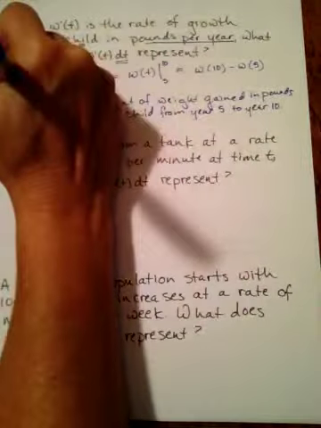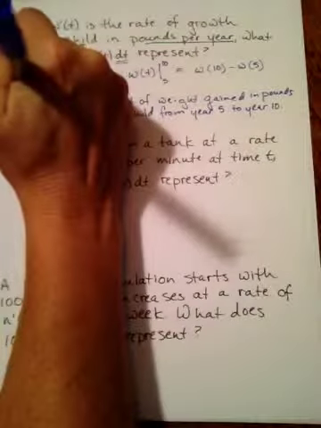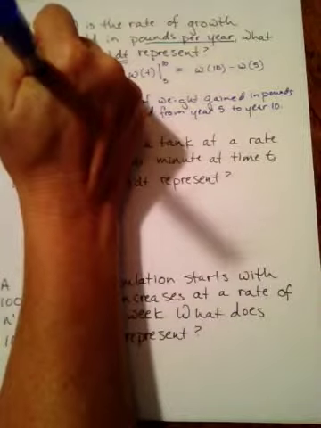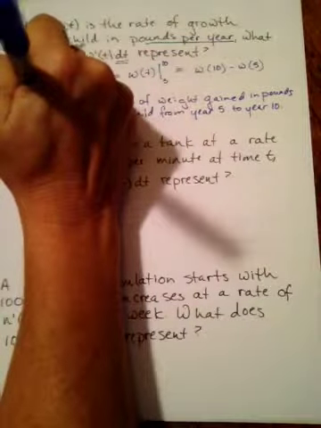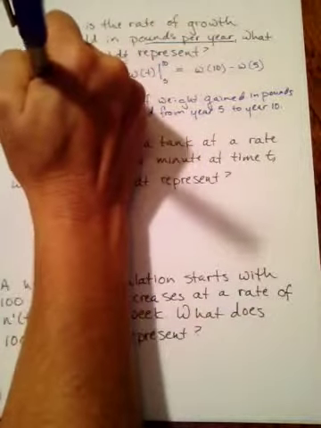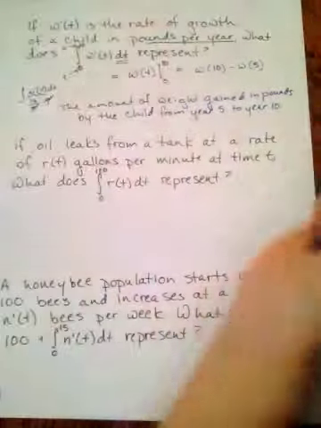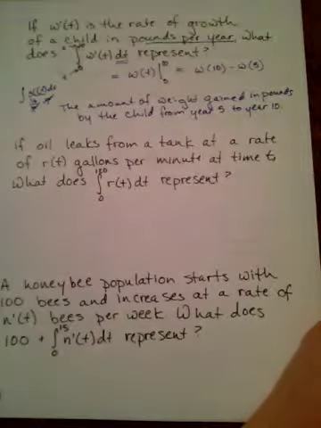One way to look at units would just be to really look at this integral. So you have w prime of t dt. w prime is pounds per year. My dt is years. Those cancel out. That leaves me with pounds.